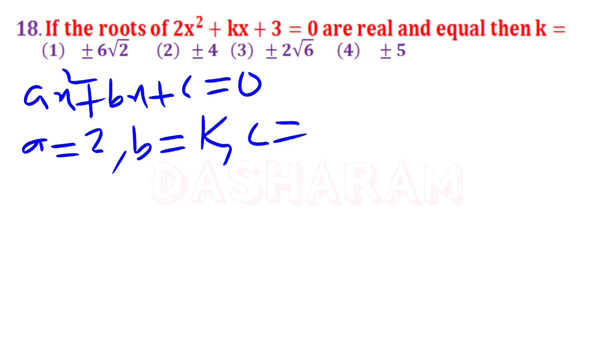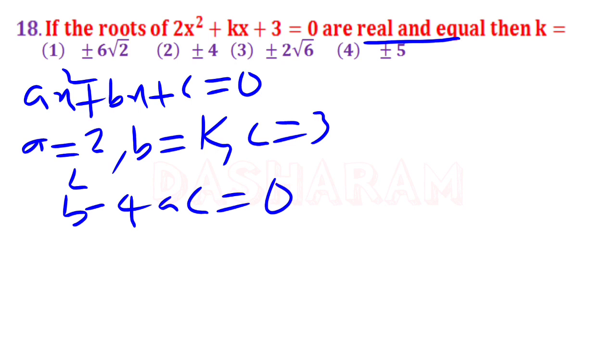So the roots are real and equal, so that means b square minus 4ac equals 0. Discriminant should be 0, then the roots will become real and equal. So substitute b, a, c. So then k square minus 4 into a value 2 and c value 3, equals 0.